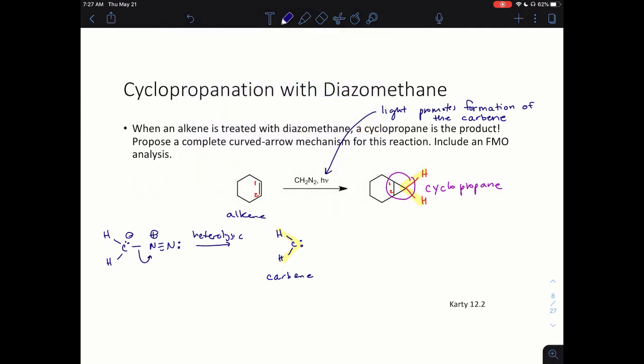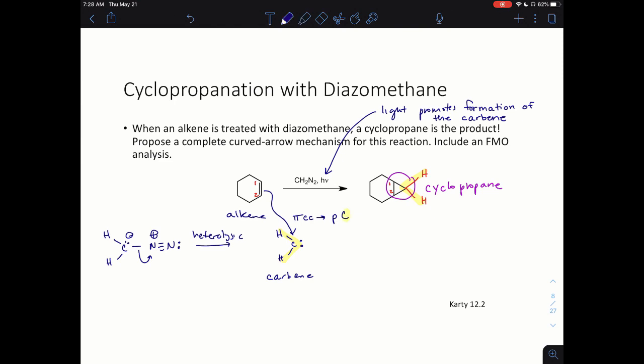All right, let's take a look. So we have the alkene reacting as a nucleophile, as an electron-rich species, as it does. This is just our normal pi CC attacking the LUMO of the electrophile, which is that empty p orbital on the carbon. This p is the carbene.